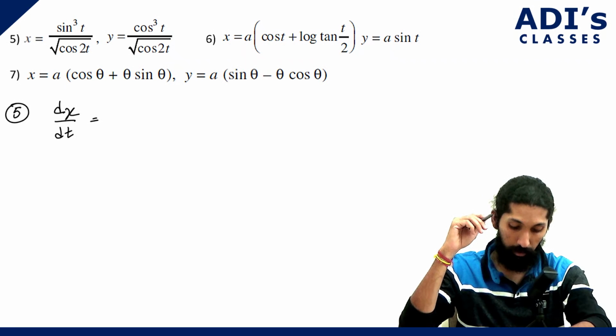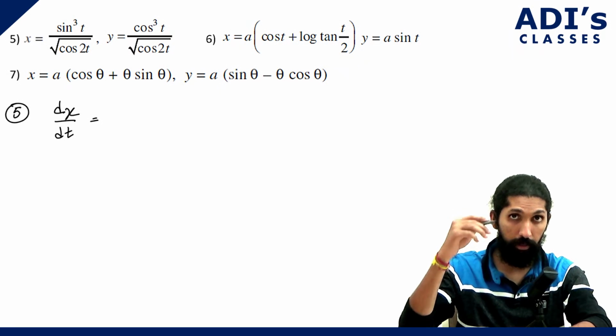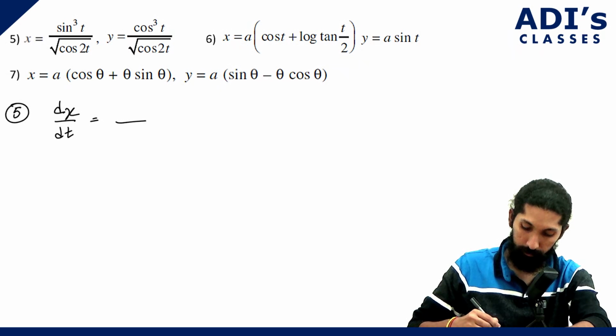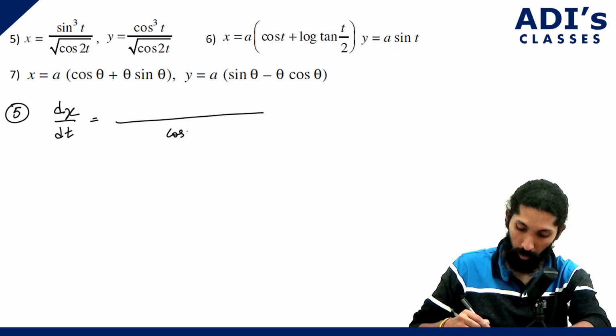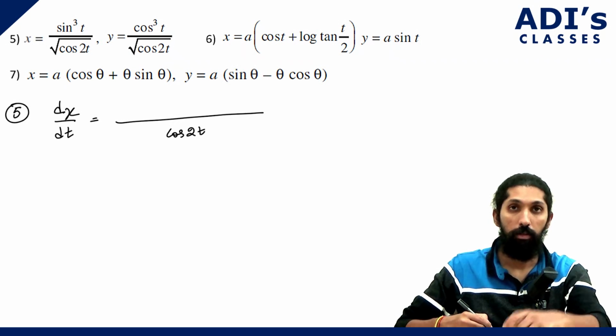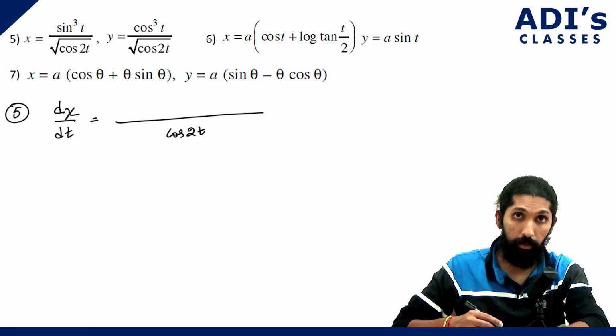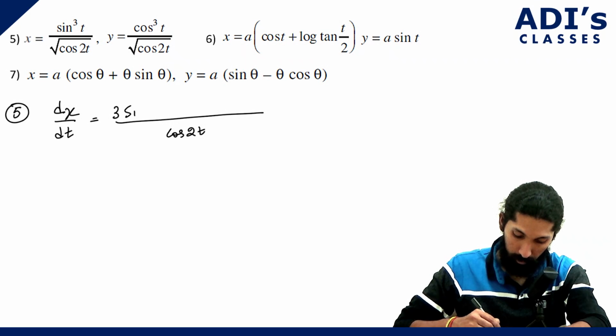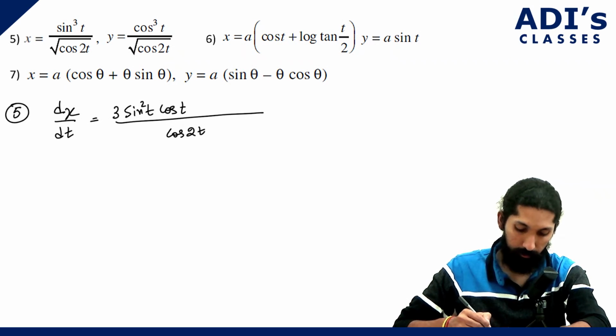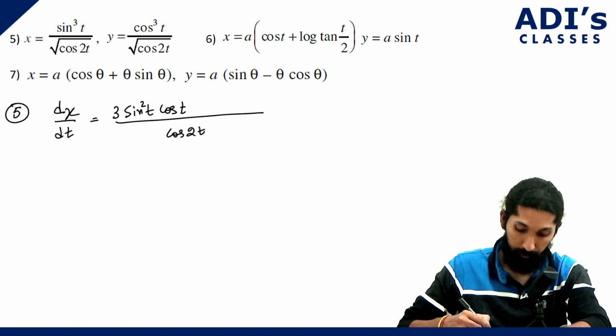Now dx by dt, if you try to do it, then you're going to get cos 2t in the denominator, because the root and square get cancelled, right? Numerator derivative: 3 sine square t into cos t, right? Into root of cos 2t.